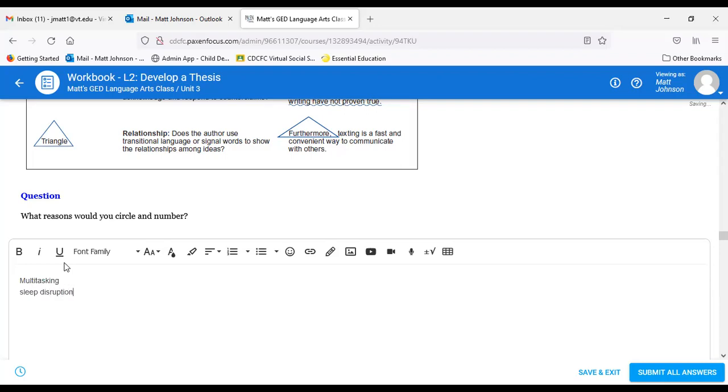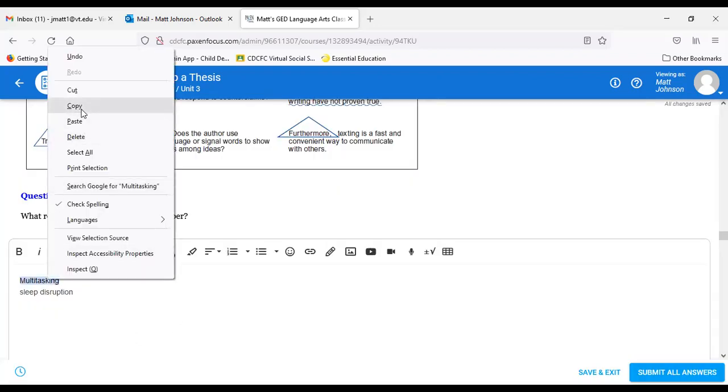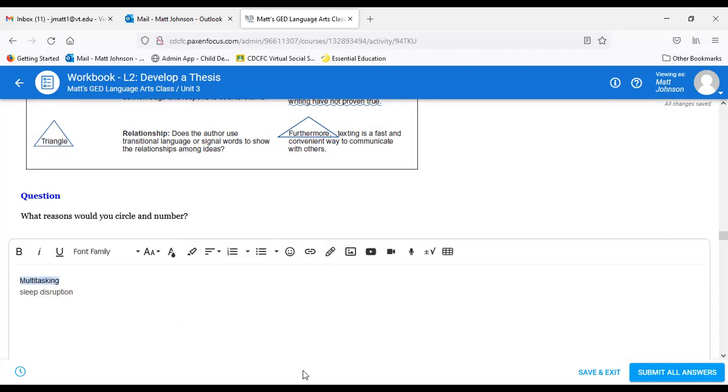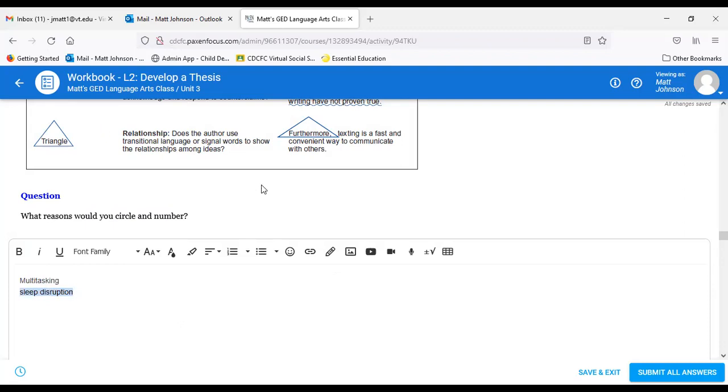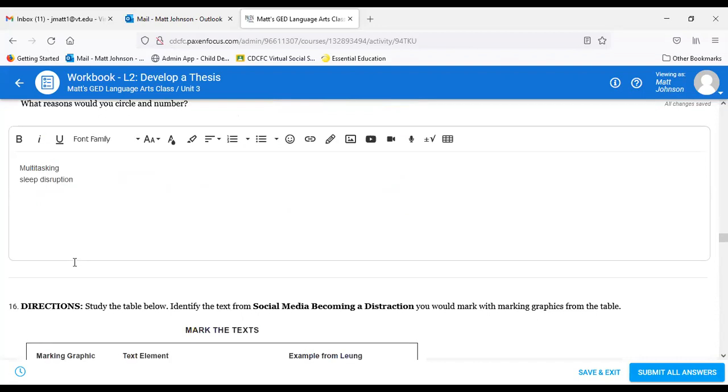So if you're going through and annotating each text, you could go back and quickly find that information. These are the symbols that you might want to use. So multitasking, sleep disruption, those are the reasons. Circle those.